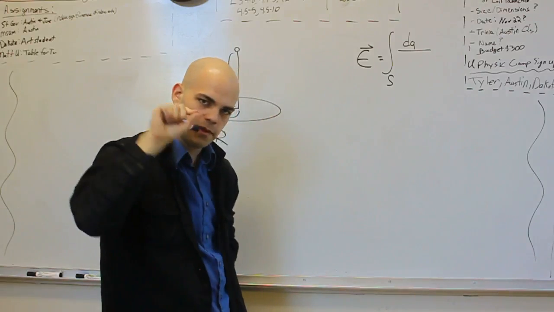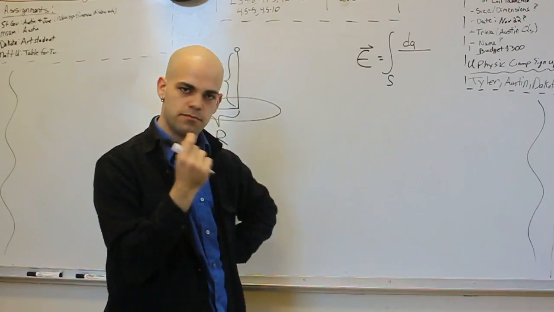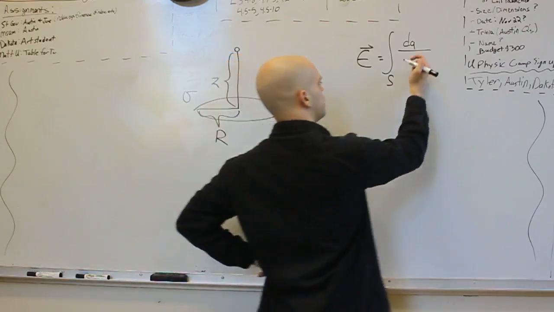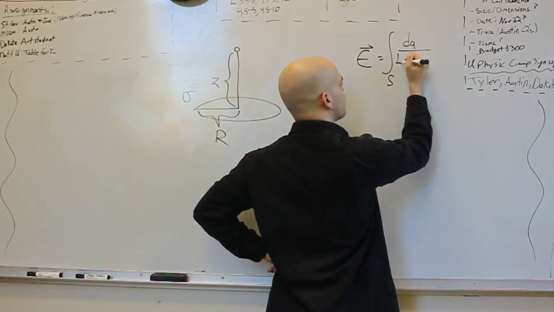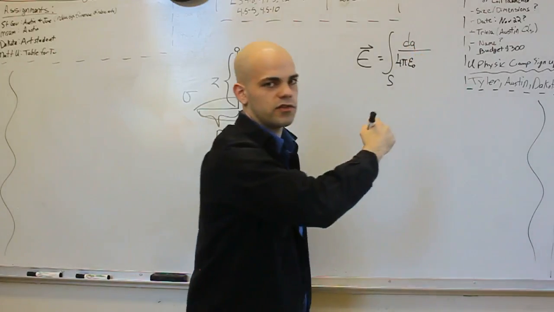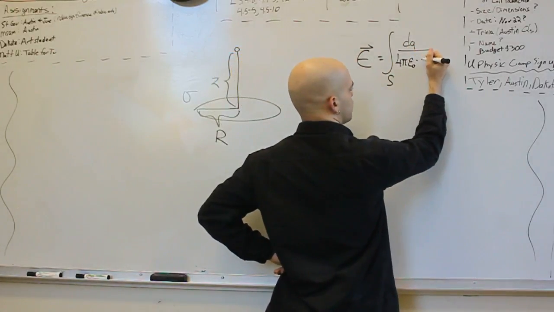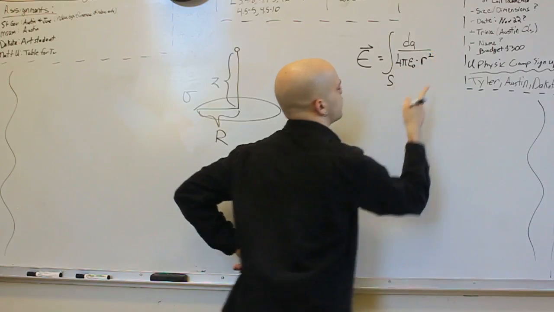So, imagining tiny little charges being represented by dq, over 4 pi epsilon naught, where epsilon naught is just a physical constant of the universe, times r squared. Now what is r?